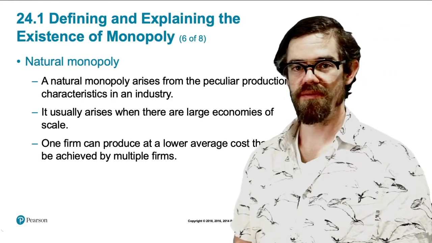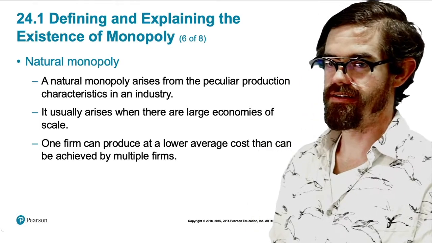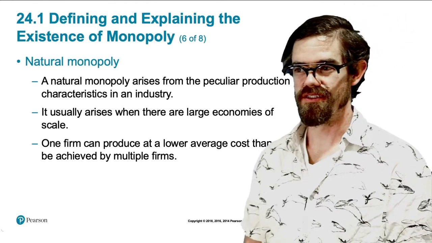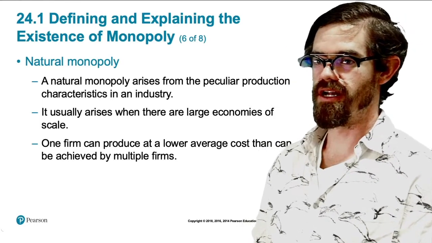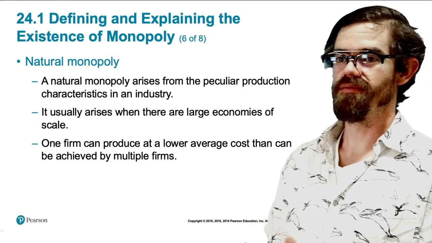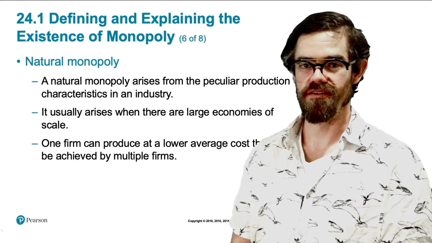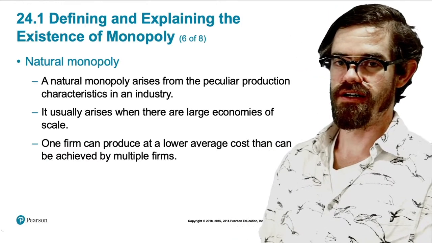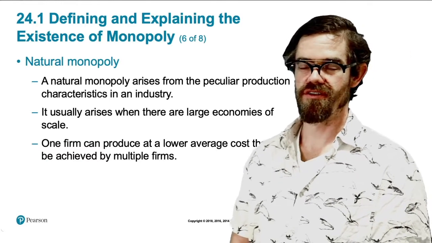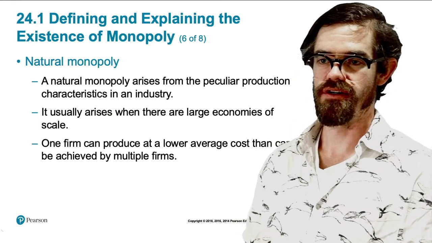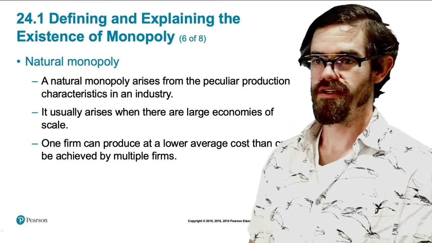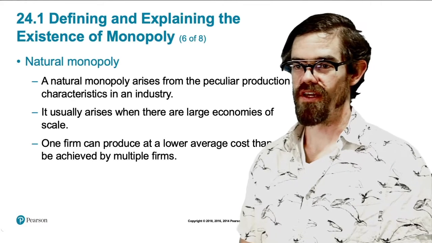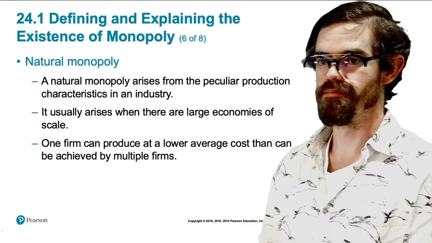And so when this happens, although I wouldn't personally consider Walmart a natural monopoly, when we have this type of firm enjoying extreme economies of scale, we refer to it as a natural monopoly. So these are things like Georgia Power, Comcast. Trying to think of any others that might exist.